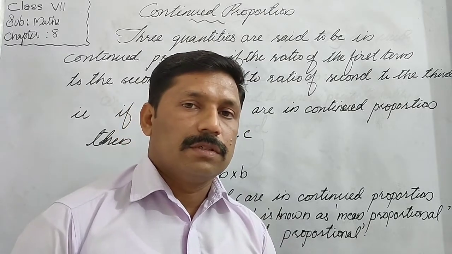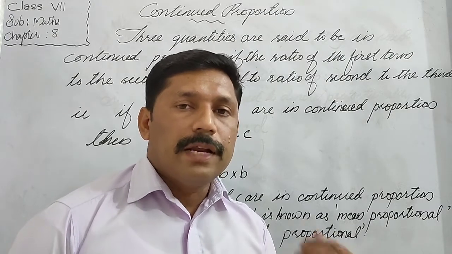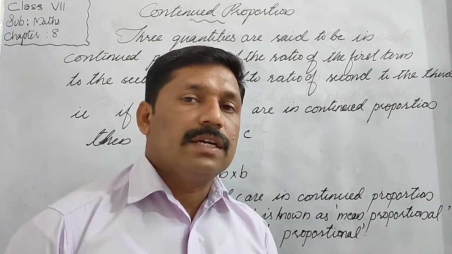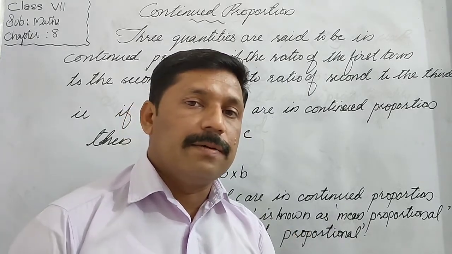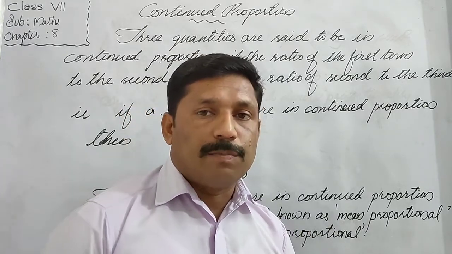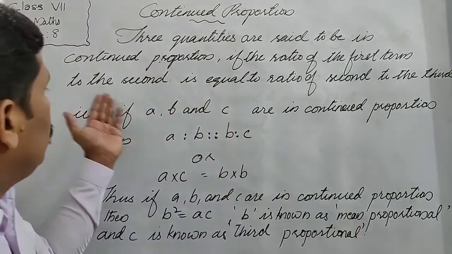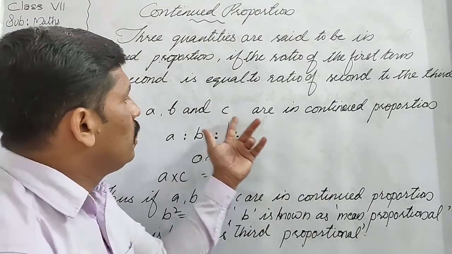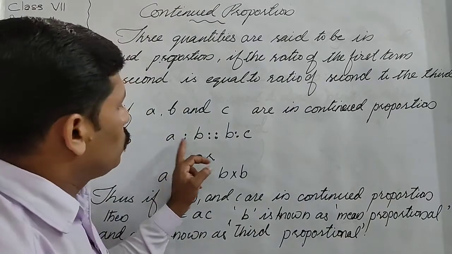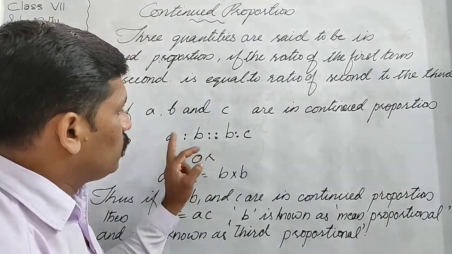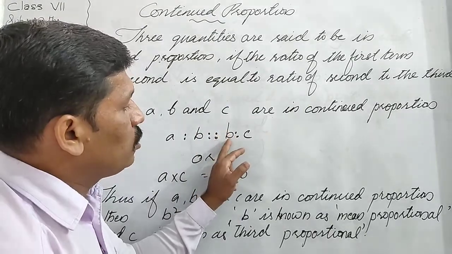So three quantities are in continued proportion if the ratio of the first term to the second is equal to the ratio of the second term to the third. If A, B and C are the three quantities in continued proportion, then the ratio of the first term to the second will be proportionate to the ratio of the second to the third.